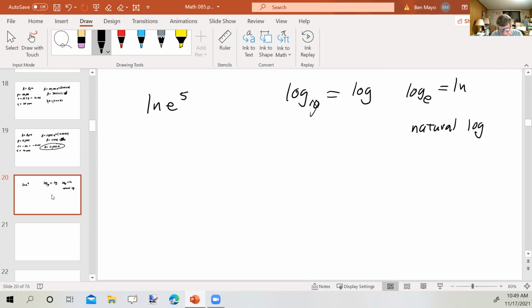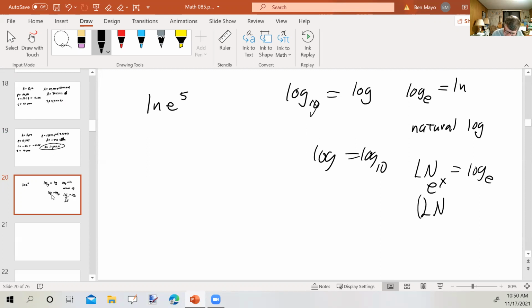I don't know why it isn't nl, but maybe it's log naturel or something. Whereas this is equal to log base 10, this is equal to log base e. Notice again on your calculator that the second function of ln is e to the x. So that will help you remember that ln stands for natural log because it's e, so log base e.